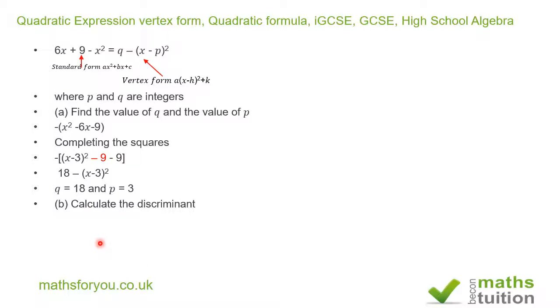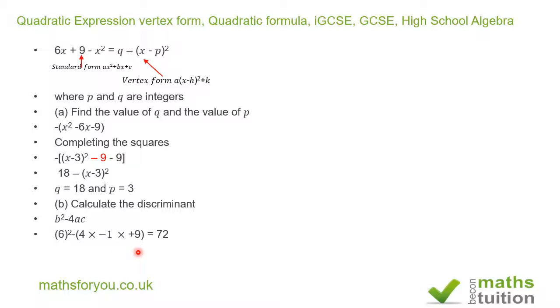Now, this is important. Moving on, it then says calculate the discriminant. To find the discriminant, we look at b squared minus 4ac. We'll go back to the original expression. So b is 6, and the coefficient of x squared is minus 1, which is a, and then c is the constant 9.